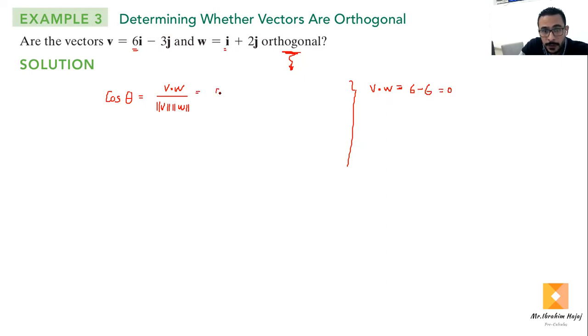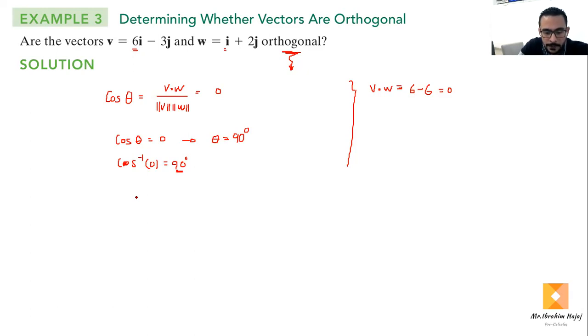So the numerator here is 0, so we don't need the denominator. Cosine theta equals 0, so theta is what? Theta is 90 degrees, since cosine inverse of 0 equals 90. So my angle is 90 degrees, so the two vectors are orthogonal.